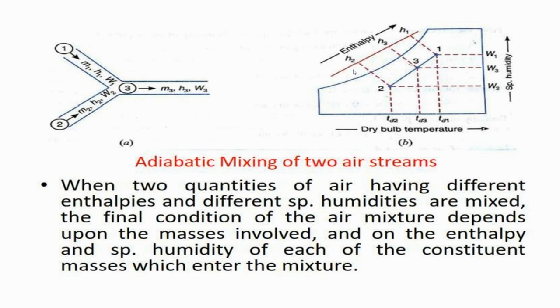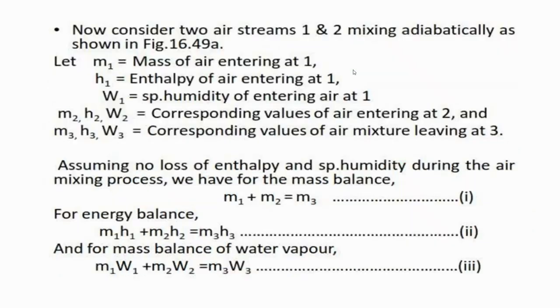Let's suppose 40% is from stream 1 and the remaining 60% is from stream 2. The temperature would be inclined towards the higher mass, that is the stream at 60 degrees Celsius, so the temperature would be around 45 to 50 degrees Celsius. That is the basic idea behind this.